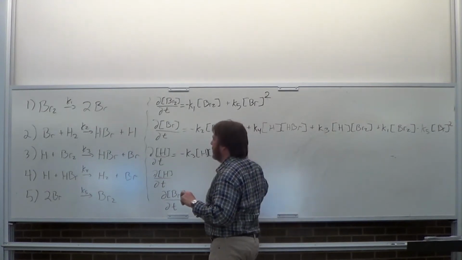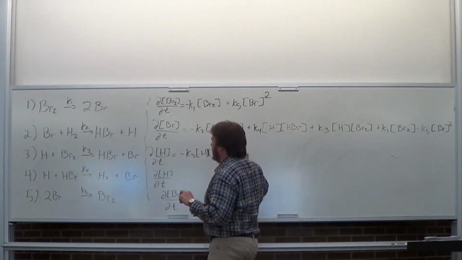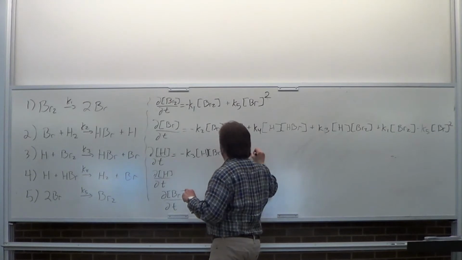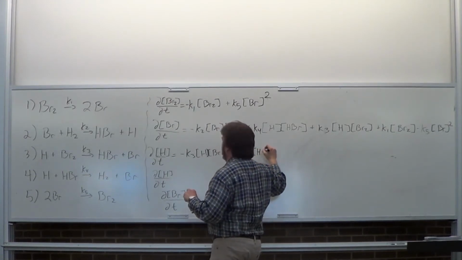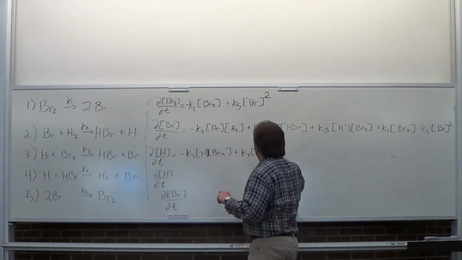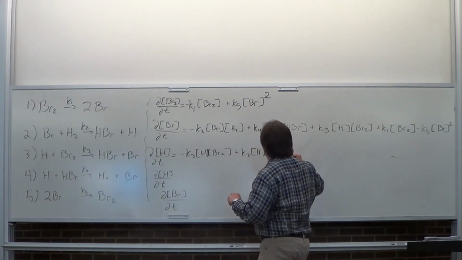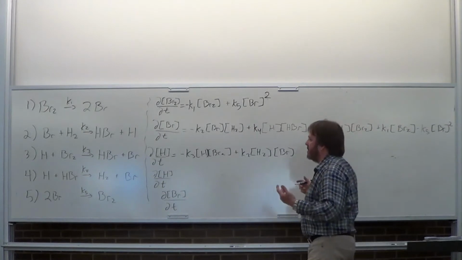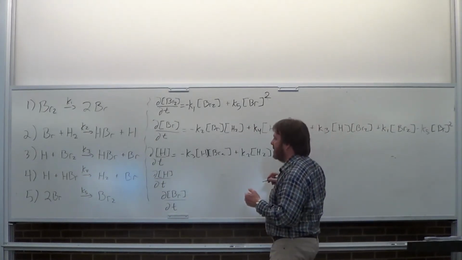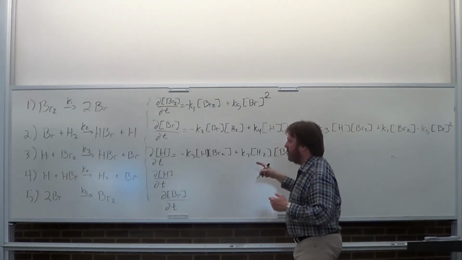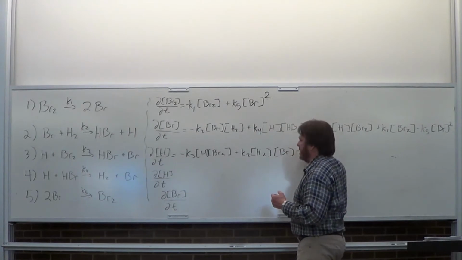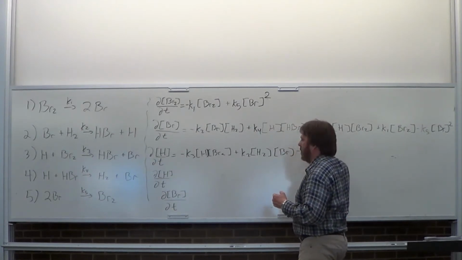Just for the heck of it, why don't we finish up? Let's see. This is being produced. So you can see why this is a good example, because it gives you practice. I mean, so basically plus minus, do you square it or do you not? Minus to be consumed in K4.